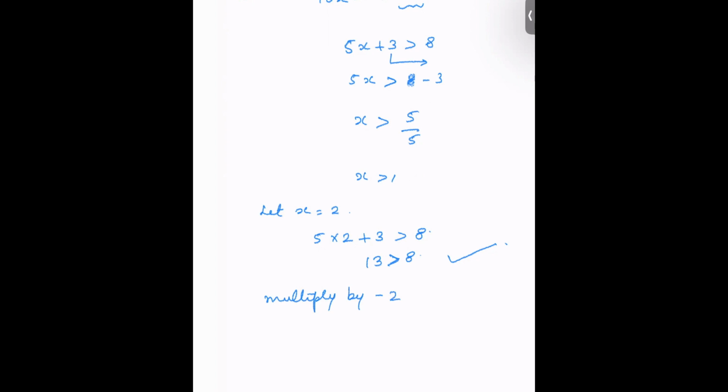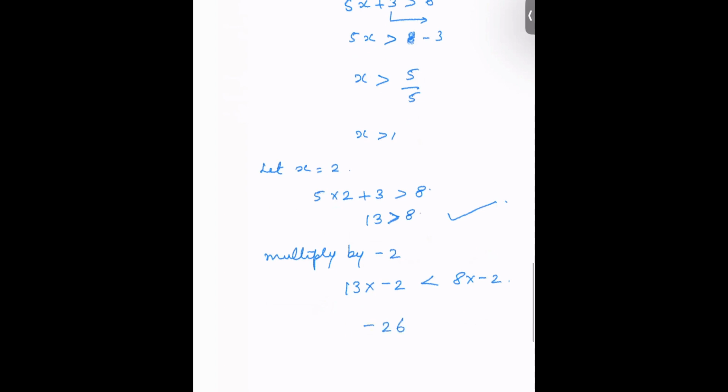I am multiplying by -2, so 13 into -2 is -26 and 8 into -2 is -16. What did I tell you? The inequality sign reverses. So -26 less than -16. Is this correct now? So that is the reason why it is important for you to reverse the inequality sign.